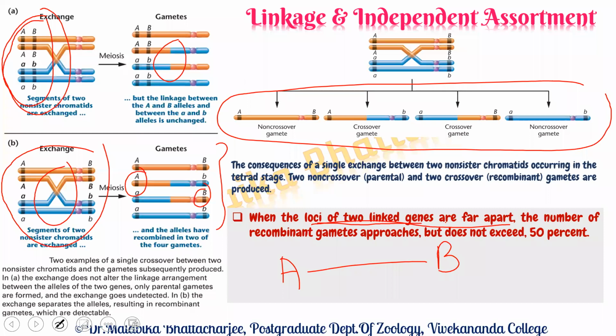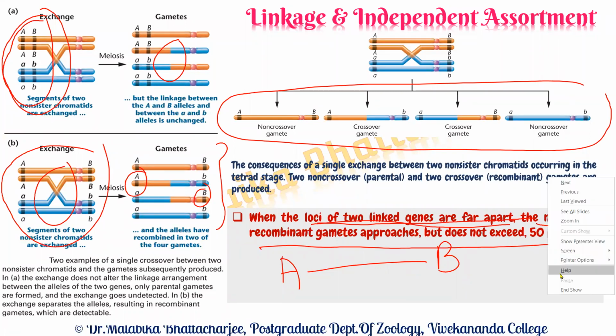When the two loci of two linked genes are far apart, the number of recombinant gametes approaches about 50%. So this is one take-home message that should be kept in mind, because at the end of this chapter we will be having problems to do.